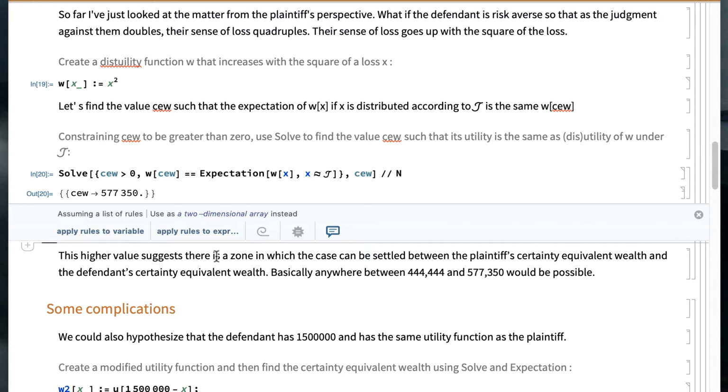And so what this suggests is that there's some zone between $444,444 on the plaintiff's side and $577,350 on the defendant's side, in which settlement of the case is advantageous to both of them.